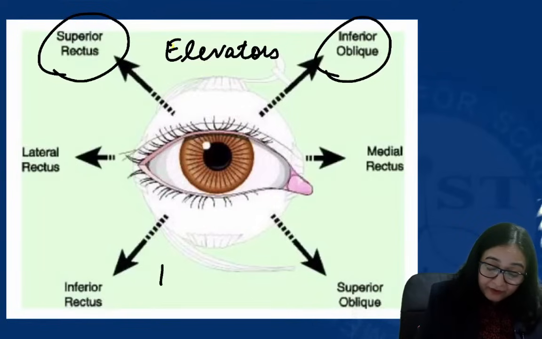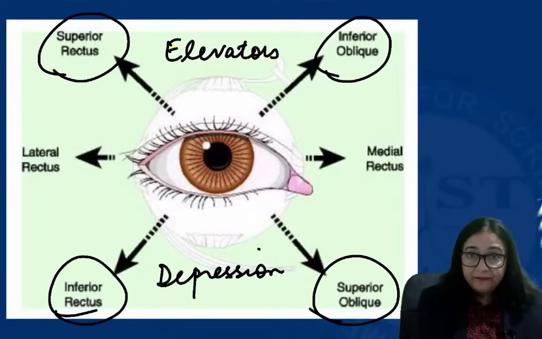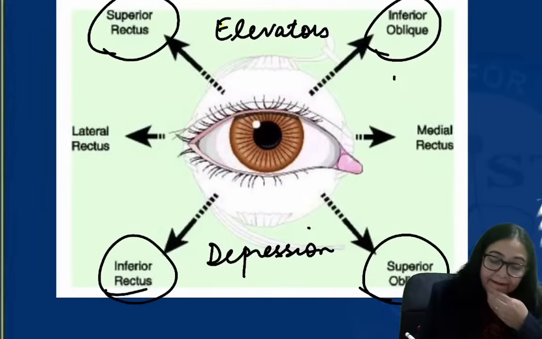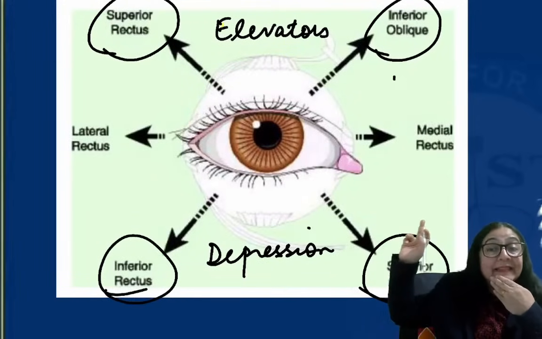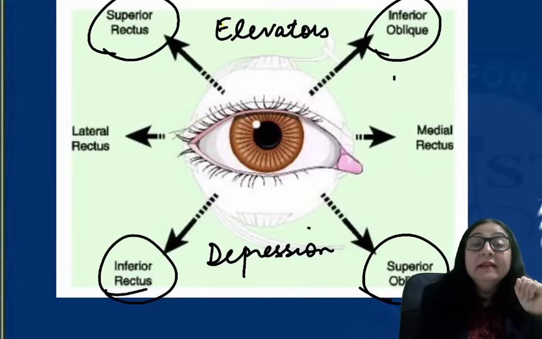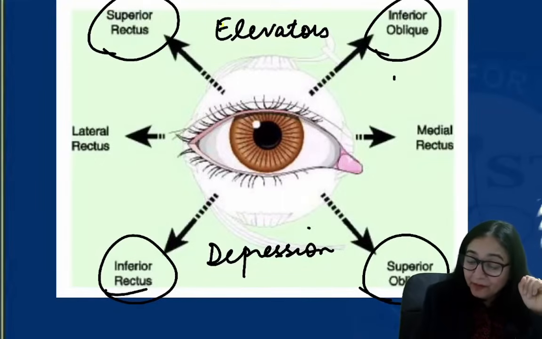For depression or downward movement, inferior rectus and superior oblique will be synergist. For adduction, the medial rectus, inferior rectus and superior rectus will be the synergist. ठीक है, ये clear हुआ बेटा?